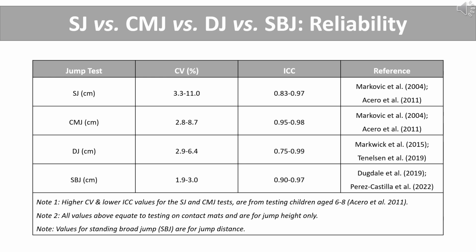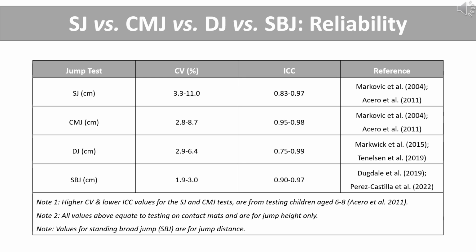So I thought the first thing I'd do is just provide a brief overview of the reliability of these different tests that we're going to talk about. You can see I've provided a range in both the coefficient of variation and ICC values for squat jump, counter movement jump, drop jump, and standing broad jump.